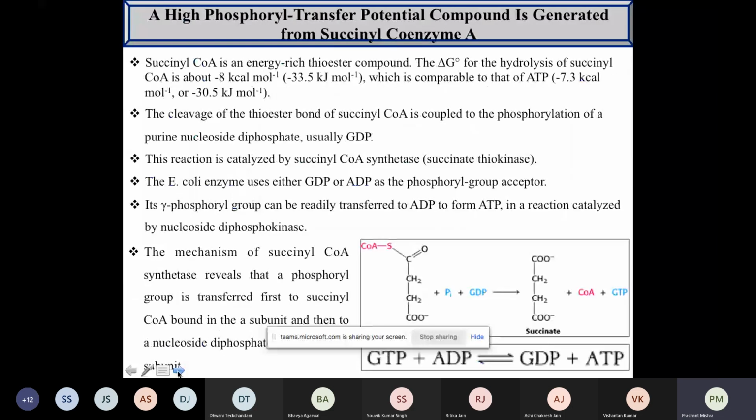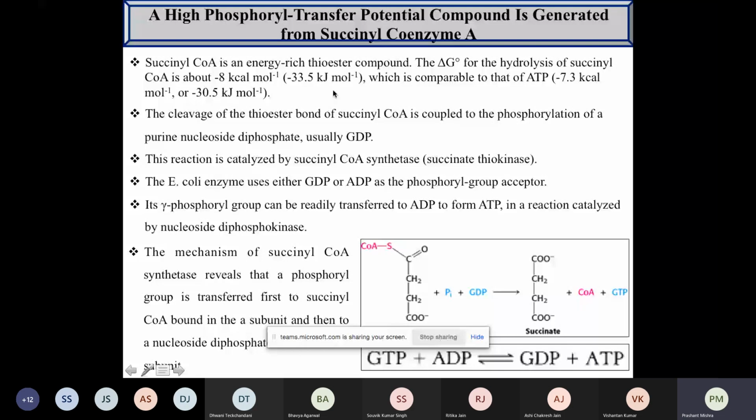Next step, once you make this succinyl-CoA, is very important. This is the only step where at the substrate level you are generating energy. So succinyl-CoA is an energy-rich molecule. It has a delta G of minus 33 kilojoules, or minus 8 kilocalories per mole, which is more or less slightly higher than ATP hydrolysis. So it will transfer its phosphoryl group, or its energy.